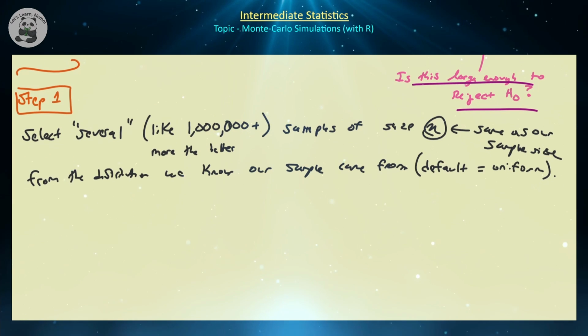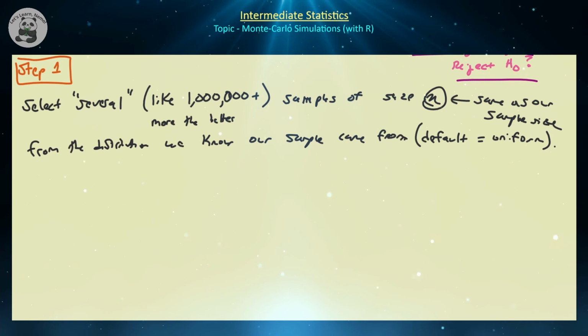So you can always default to a uniform distribution in case you do not know that it came from a t, or an exponential, or a log normal, or anything of the sorts, right? So select several samples of size n from a distribution, defaulting to the uniform distribution.